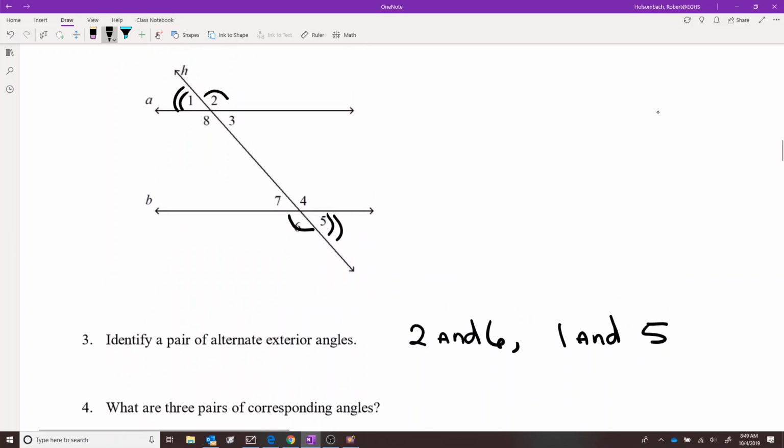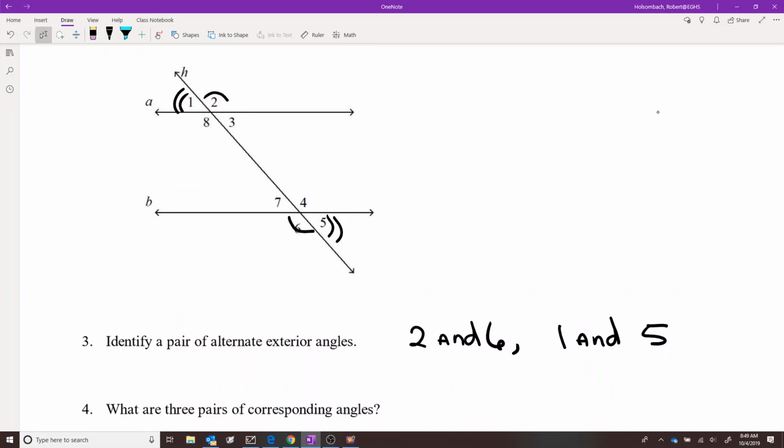Number 4 says, what are 3 pairs of corresponding angles? All right, so corresponding angles hold the same position in their group. Let's just name them all. You got 1 and 7.